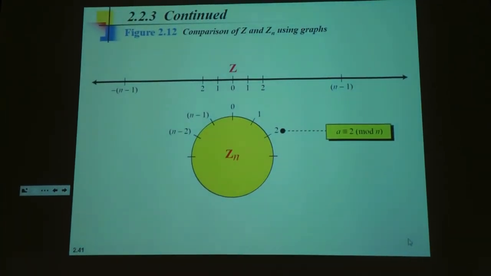So, comparison of Z and Zn. You know what Z is: the set of all the integers, positive, negative, including 0. Zn is the modulus for a number. So this is Z. For example, a is congruent to digit 2 mod n.